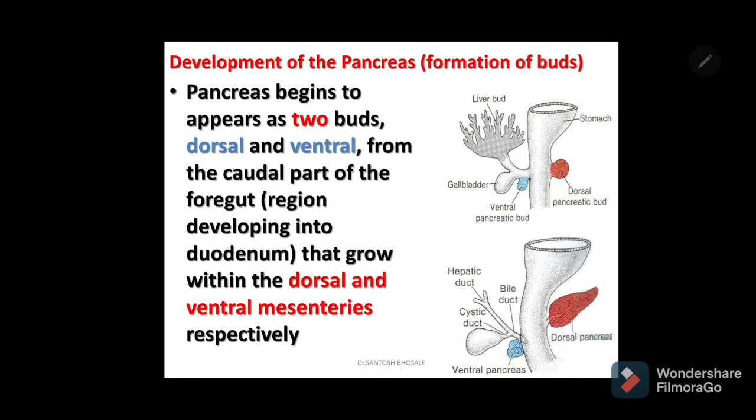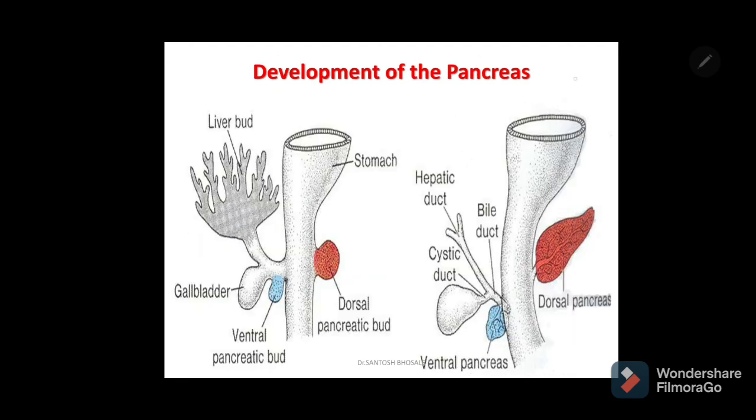The pancreas appears as two buds, the ventral pancreatic bud and dorsal pancreatic bud, from the caudal part of the foregut or junction of the foregut and midgut. You can notice there the ventral pancreatic bud comes from the junction between the foregut and midgut, whereas the dorsal pancreatic bud is larger, and comes from the dorsal side of the caudal part of the foregut.